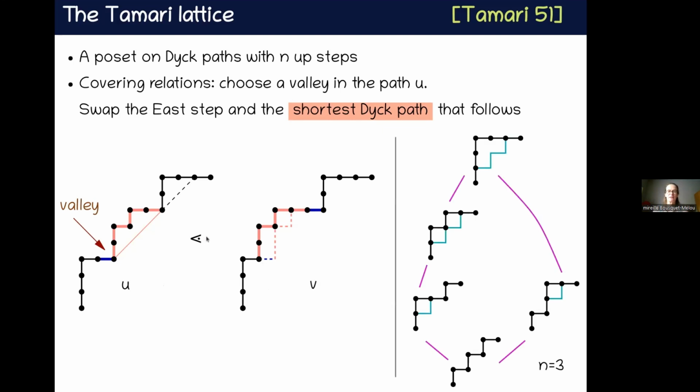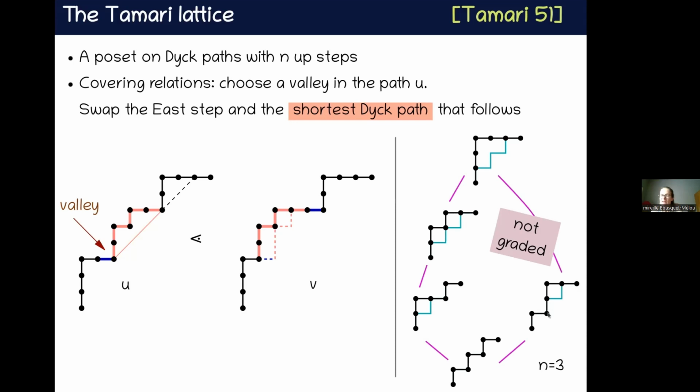What else? So let's take an example. Here are again the 5 Dyck paths of size 3. You see this poset is no longer graded. Here I jump by 2 in a sense. And let's see what happens for this Dyck path. So it has just one valley.